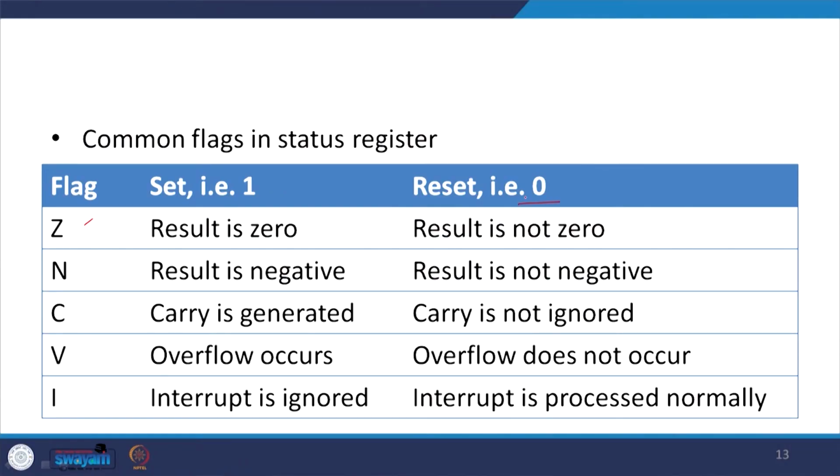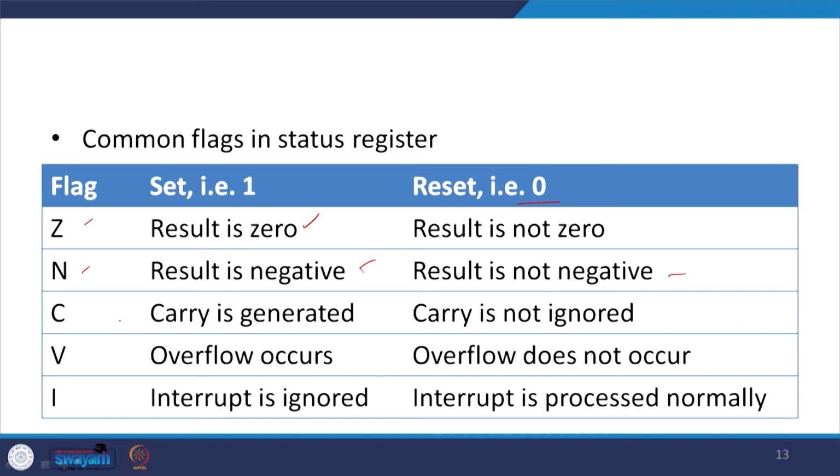There are common flags in the status register. For example, the flag Z: set is represented by 1, and reset by 0. So, Z, if the result is 0, it is represented by 1, and if the result is not 0, it is represented by 0. Similarly, you have N: result is negative, result is non-negative.